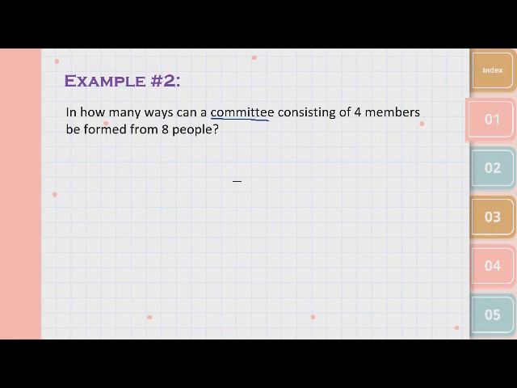Therefore, you are going to use combination here. Committee, and another one is team, are some of the words related to combination.